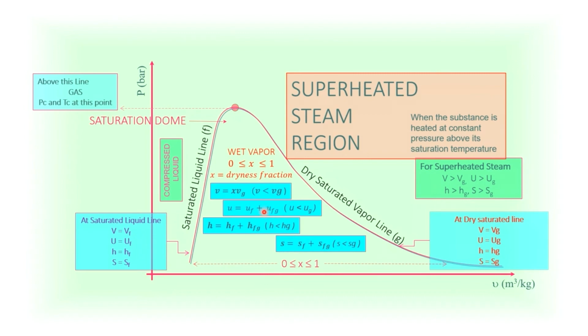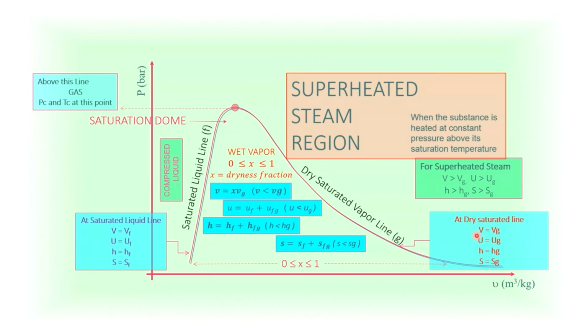There should be an X beside the UFG, and then X beside the HFG and X beside the SFG. So you will have X UFG, X HFG, and X SFG. That is the dryness fraction. You can make use of this to find it.